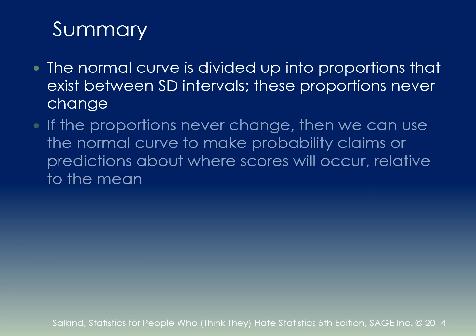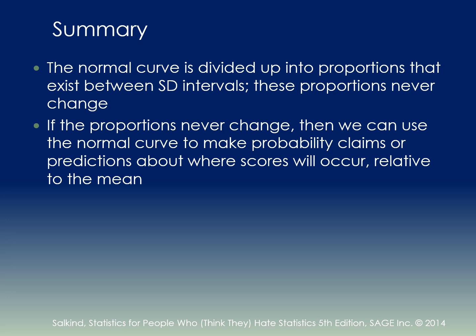They never change. So logically, it follows that if the proportions never change, then we can use the normal curve to make probability claims. Instead of saying a 34.1% number of scores fall between the mean and one standard deviation, we can say there's a 34.1% chance a score will fall between the mean and one standard deviation above the mean.